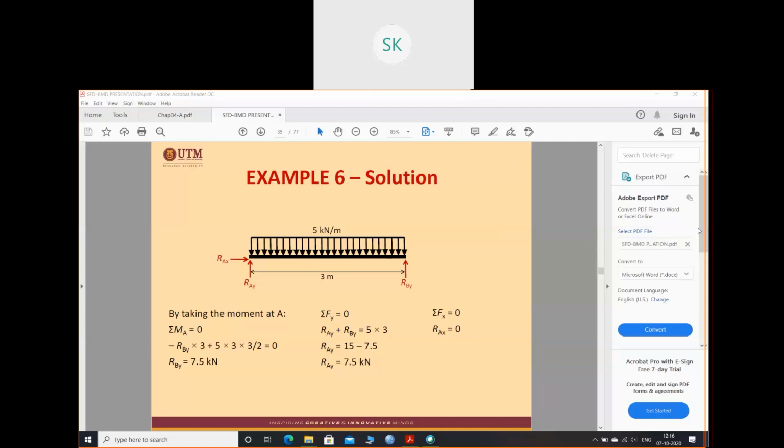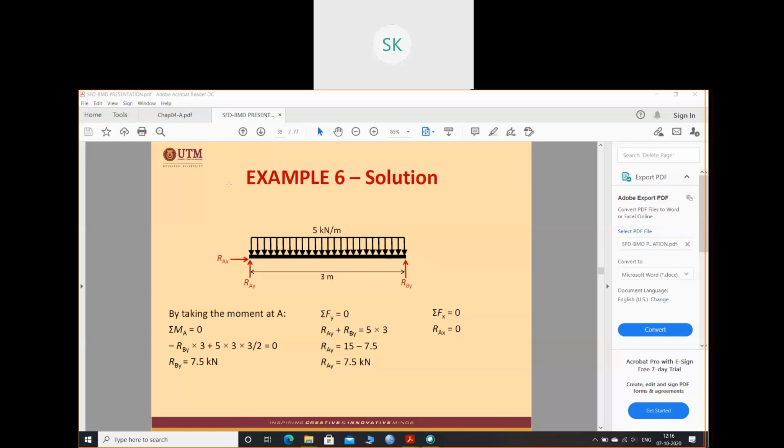Are you able to find out, or should I discuss how to find the support reactions for this UDL beam? See how they have solved. Why are you not responding?